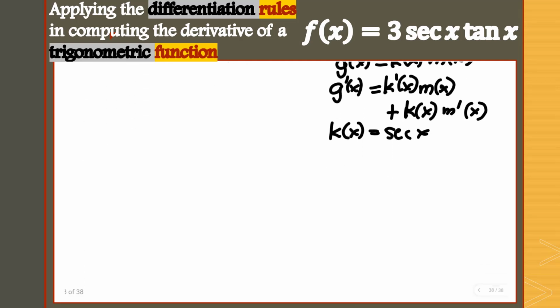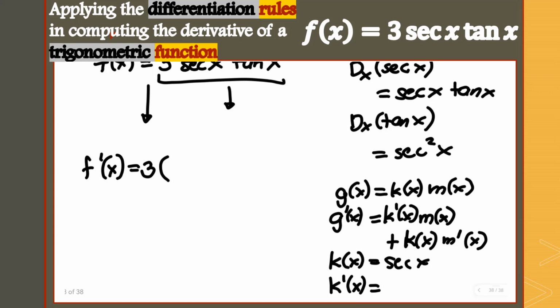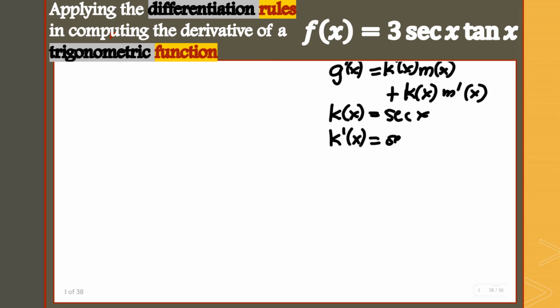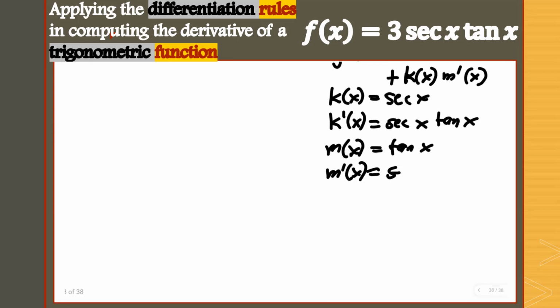So let's complete this in the meantime. K prime of x, its derivative as given here, is secant x times tangent x. As for our m of x, which is tangent x, its derivative as already given by this rule is secant squared x.